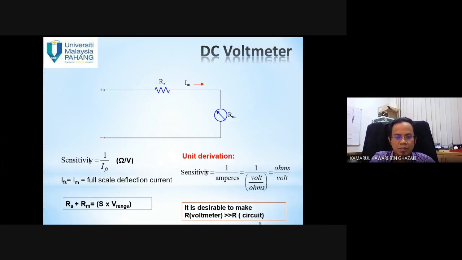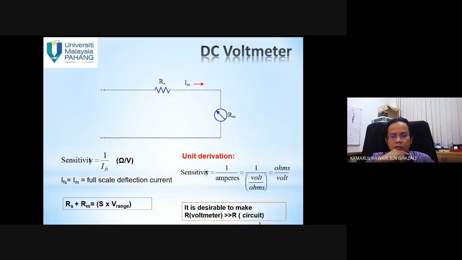where we can calculate the sensitivity S equals 1 divided by I full scale, where I full scale equals the full scale deflection current. The unit of sensitivity is ohm per volt.